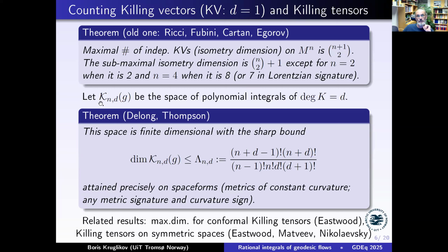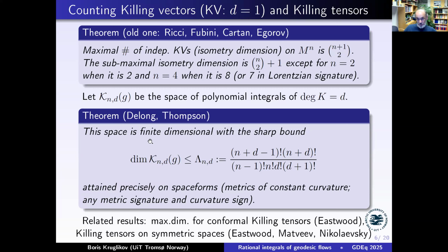So let's denote, for a metric g, the vector space of polynomial integrals of degree d by this symbol, K_d(g). Okay, so now when d is greater than 1, the story is much more complicated. But still, there is a maximal bound for the dimension of this vector space.